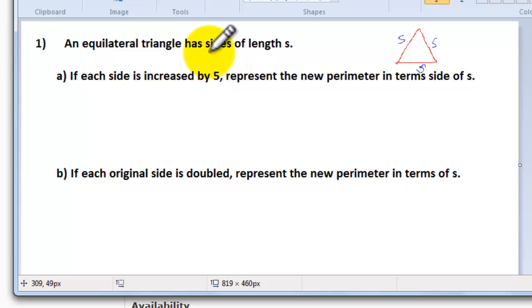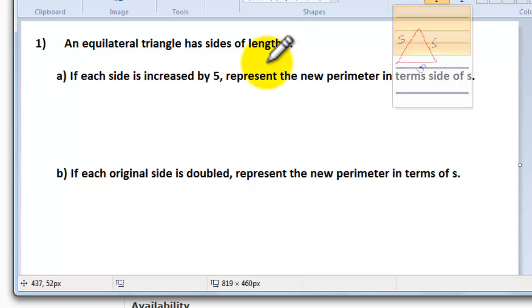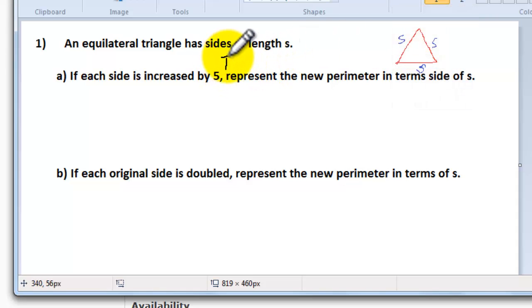So the original perimeter, we'll just call it P, will equal S plus S plus S, which is also, remember you can have a 1 in front of each of those letters. You combine like terms, and that becomes equal to 3S, because 1 plus 1 plus 1 is 3.